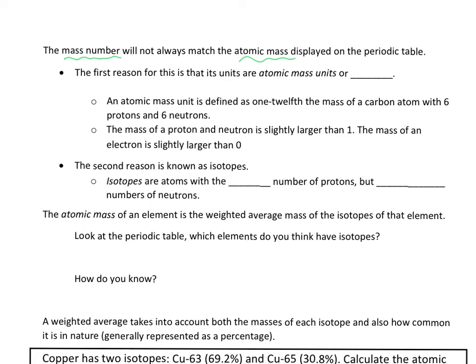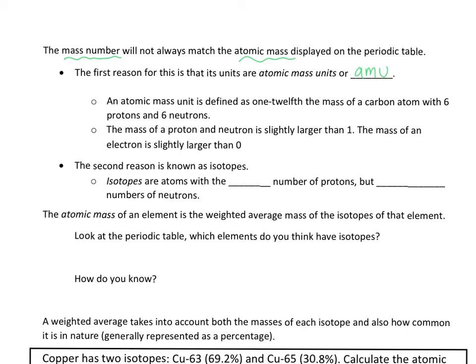They will never be the same, okay? The first reason for this is that units for atomic mass are atomic mass units, real descriptive, right? So instead of writing atomic mass units all the time, we abbreviate it as AMU, atomic mass unit, okay?